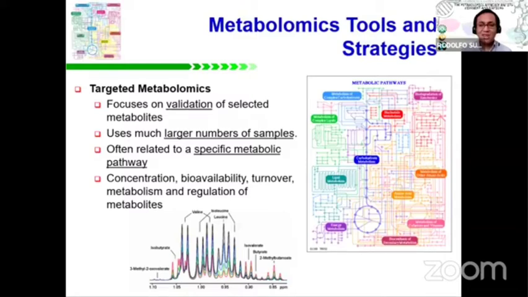So by nature, this data is laden with a lot of variation, especially when you're dealing with individuals, the human population, because there are inter-individual differences. Now, for that matter, you need to use large numbers of samples, as I highlighted here in targeted metabolomics, to account for this variation.